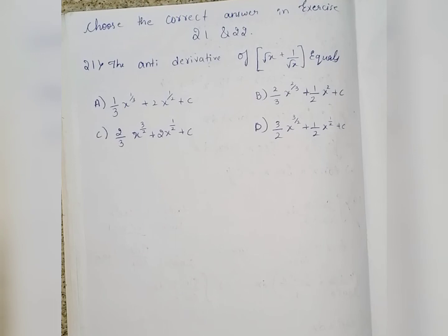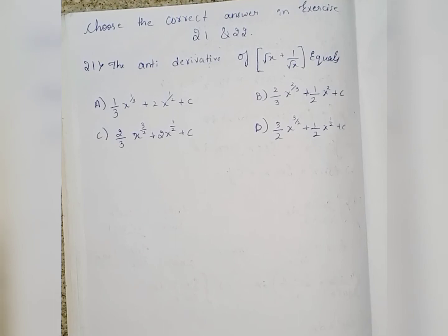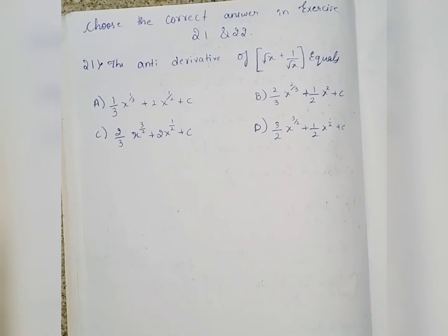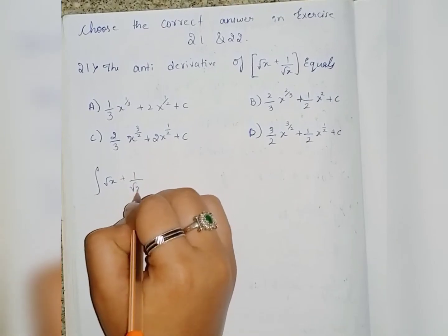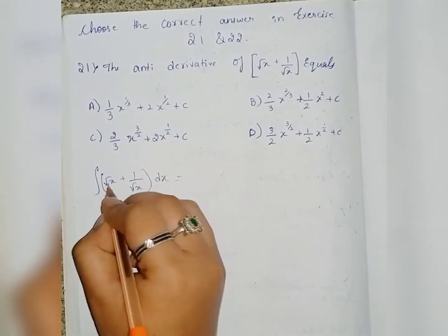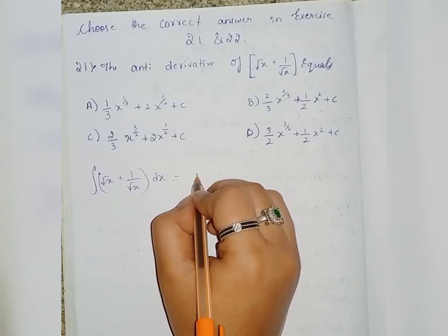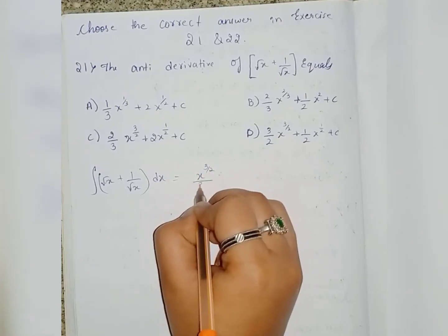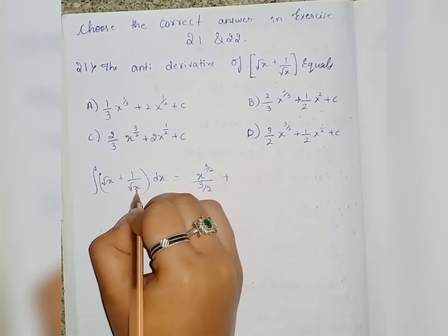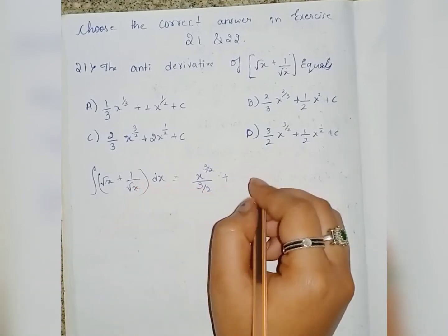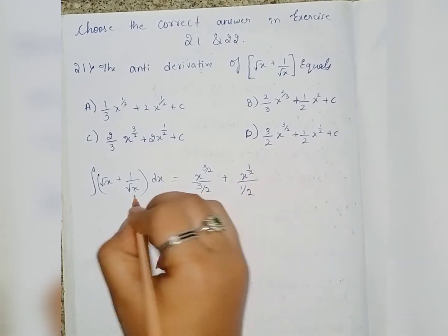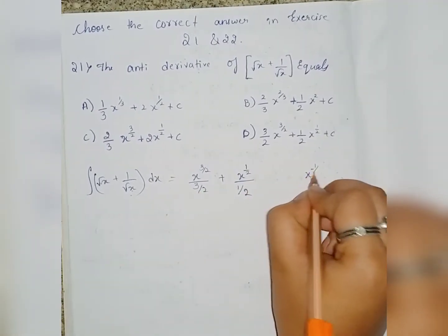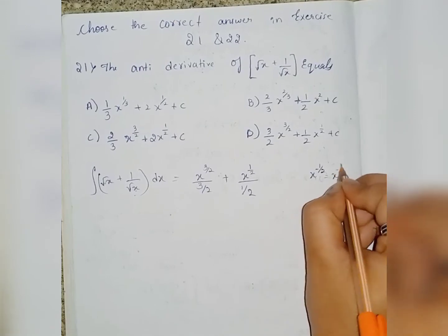If we see the 21st problem, it is the antiderivative of this, and they have given 4 options. Antiderivative in the sense the integration of root x plus 1 by root x dx. We know integration of x to the power half is x to the power 3 by 2 divided by 3 by 2, plus, 1 by root x, we write as x to the power minus half.